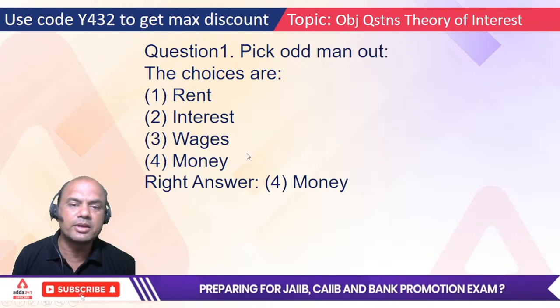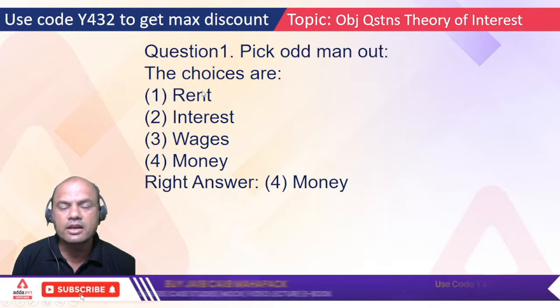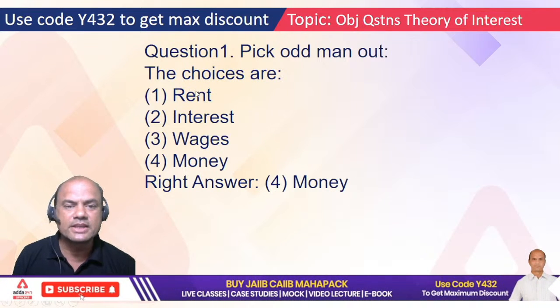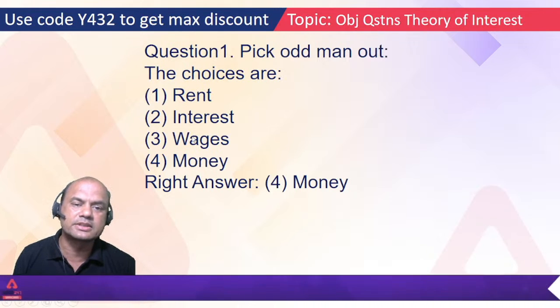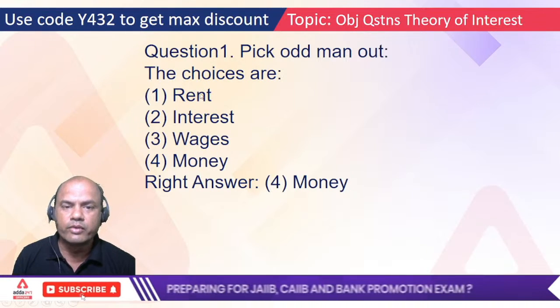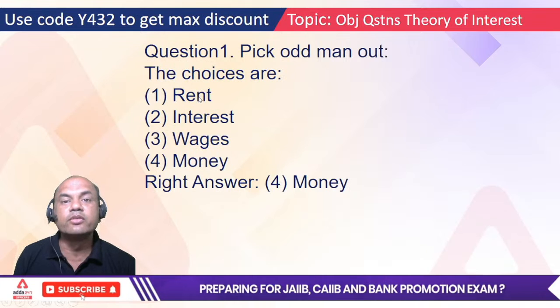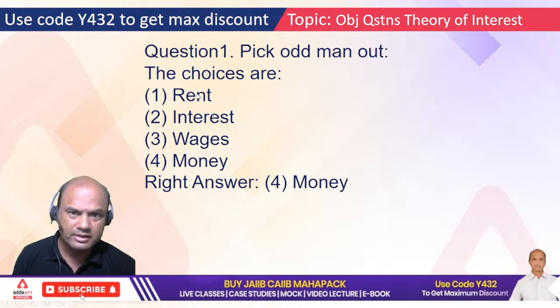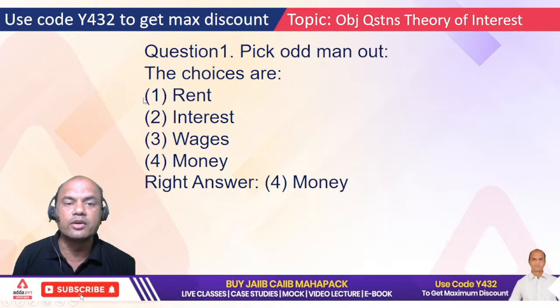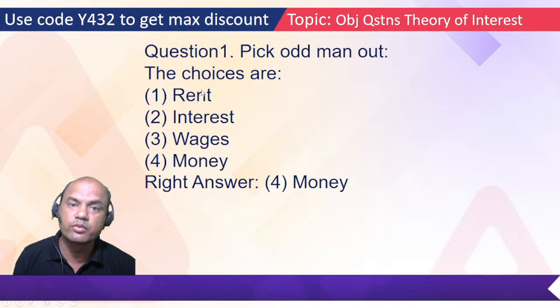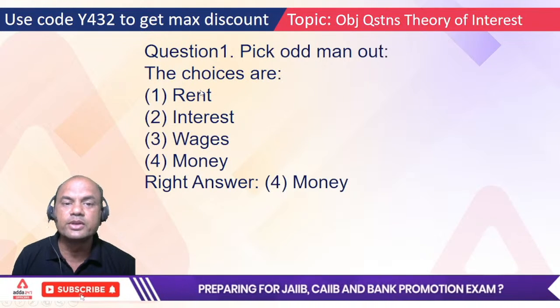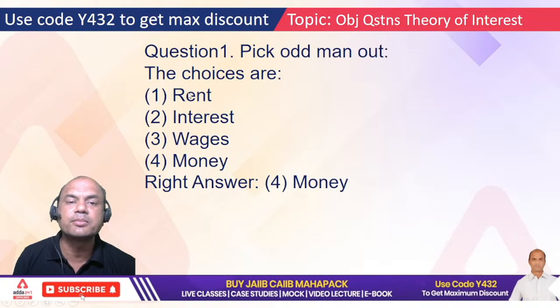Why money? Because what is rent? Understand the three concepts basically: rent, interest and wages. When do you get the rent? When you invest in any property. Simple. I invest in a house or flat and then give it on rent. Investing in the house means I am parting with my money for investment in some property, taking some risk.